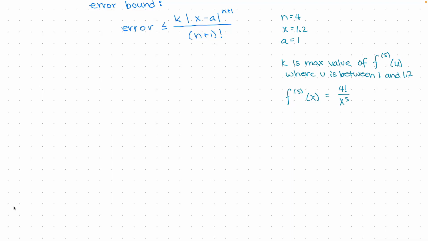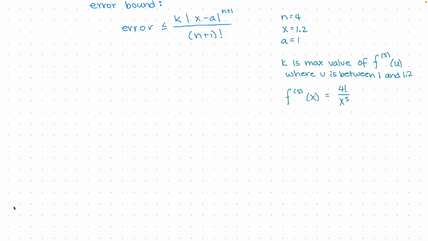We're talking about such a small interval. This often happens. Not all the time, but often. Look at the function. On the interval from 1 to 1.2, is that function always increasing or always decreasing? It's always something. I just didn't hear what you said.